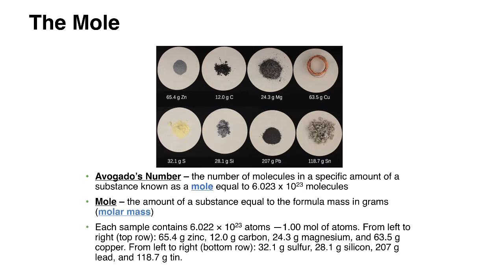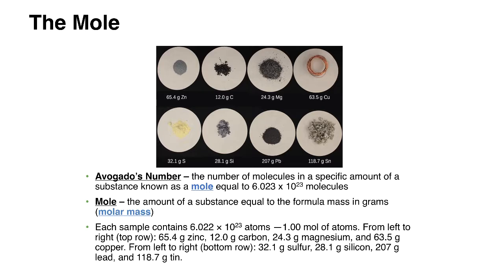So each sample contains 6.02 times 10 to the 23rd atoms, or 1 mole of atoms. Just like 1 dozen atoms would be 12, and 1 pair of atoms would be 2, 1 mole of atoms is always 6.02 times 10 to the 23rd atoms.